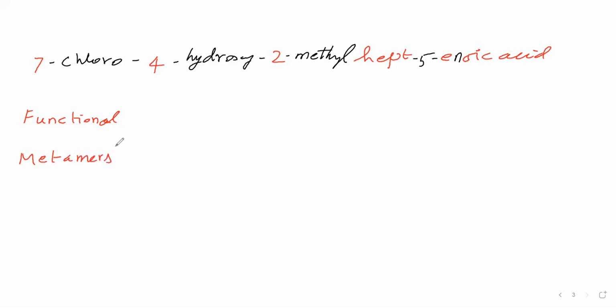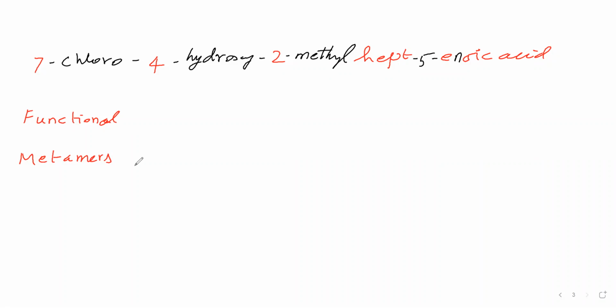Metamers means the functional group should have one chain on the left side and one chain on the right side, minimum. If the two chains of the functional group on the left side and right side are different, then we will say metamers.